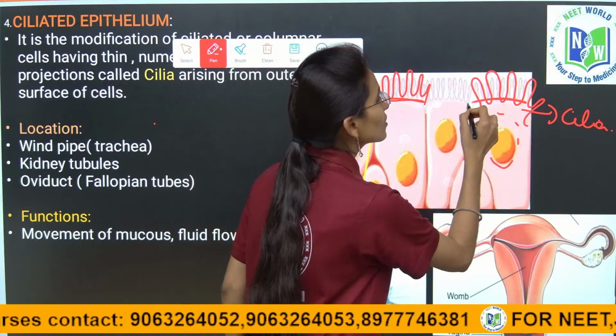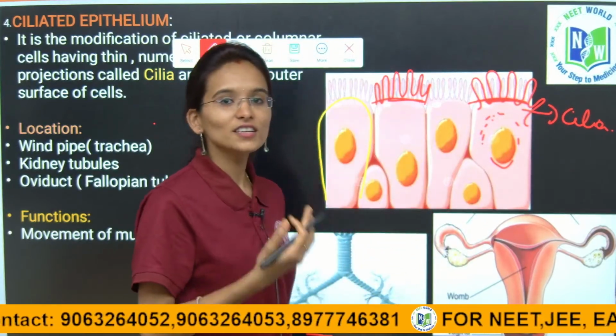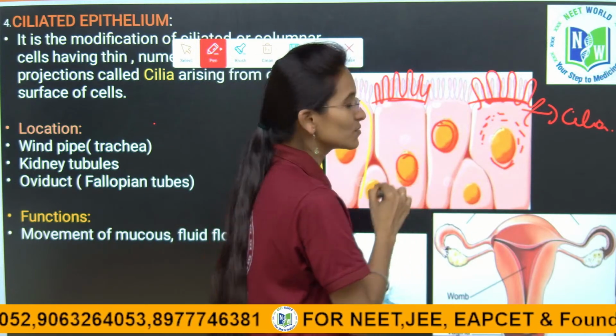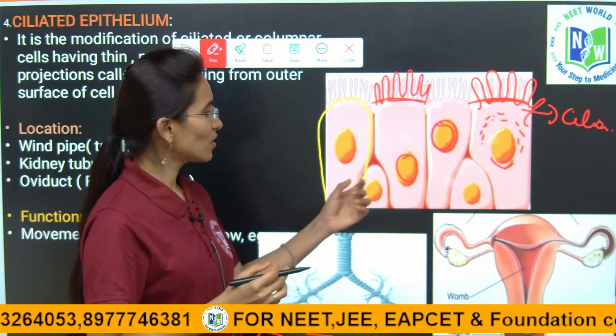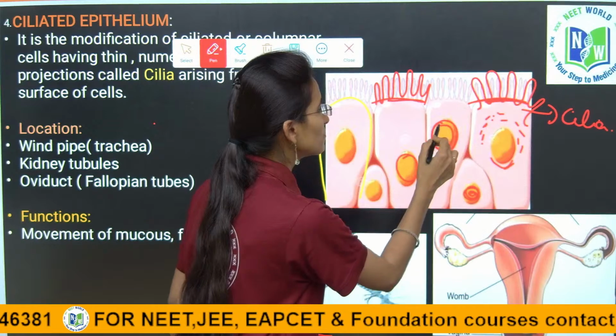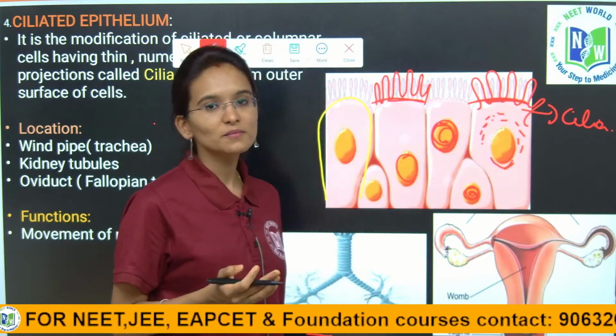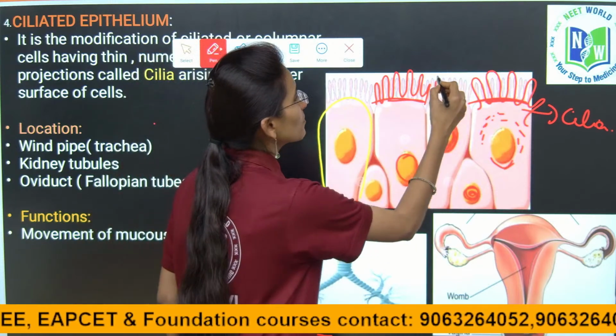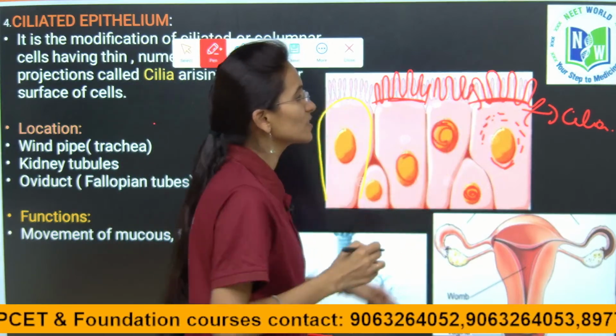These are not separate structures, they are extensions of the cytoplasm, and here we can find the nucleus, which is located randomly, not in the center of the cell. Sometimes it is present at the bottom, sometimes at the top, or in between, or anywhere else. Just remember the ciliated epithelium and these structures.